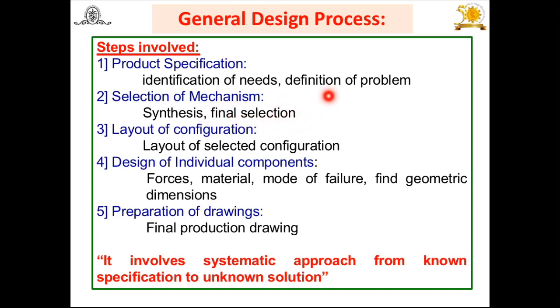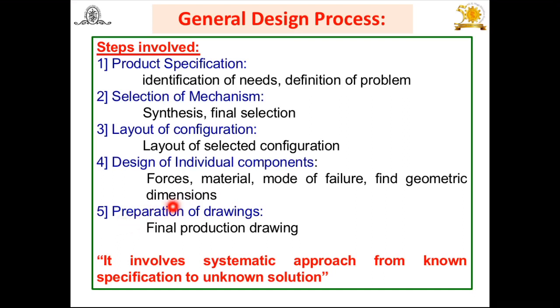Once final selection is done, we can note down all the elements or machine elements involved in this final configuration. That is why layout of this configuration, and once layout is completed, we can design the different machine elements which are required for this configuration or for the product or mechanical system. And again, as already explained, the process of individual component design: determine which type of process acting on it, then selection of material, mode of failure, and find geometric dimensions.